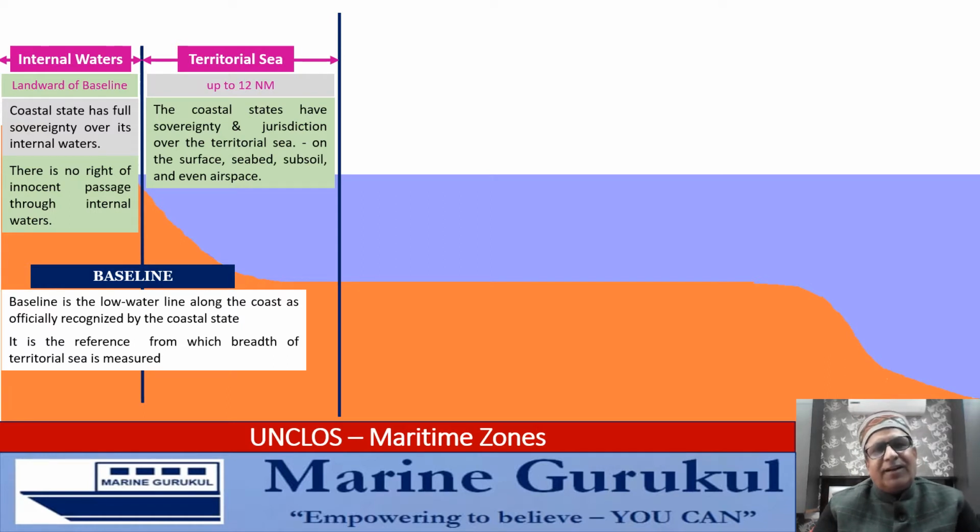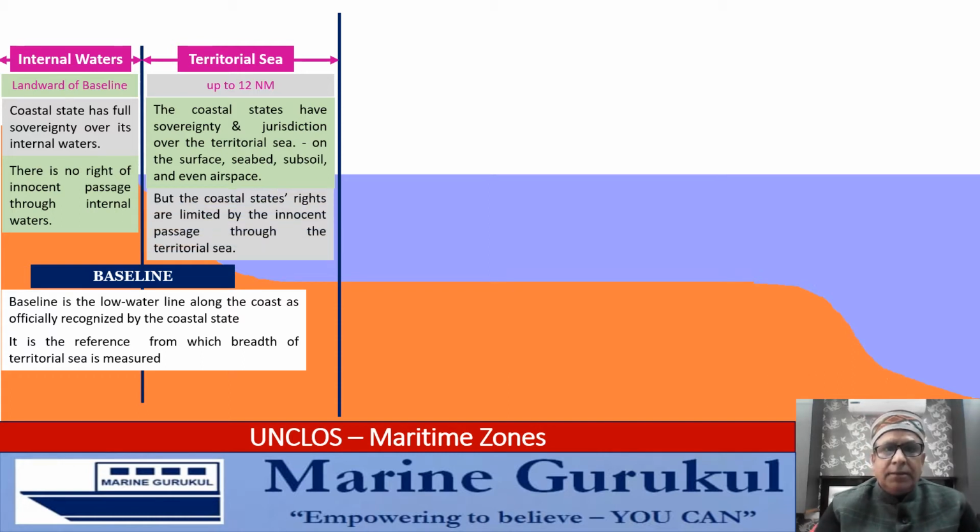So now the question arises, if a coastal state enjoys sovereign rights over the territorial sea, how does it differ from internal waters? The difference is that over the territorial sea, other states also have rights as listed under freedom of navigation in the UNCLOS.